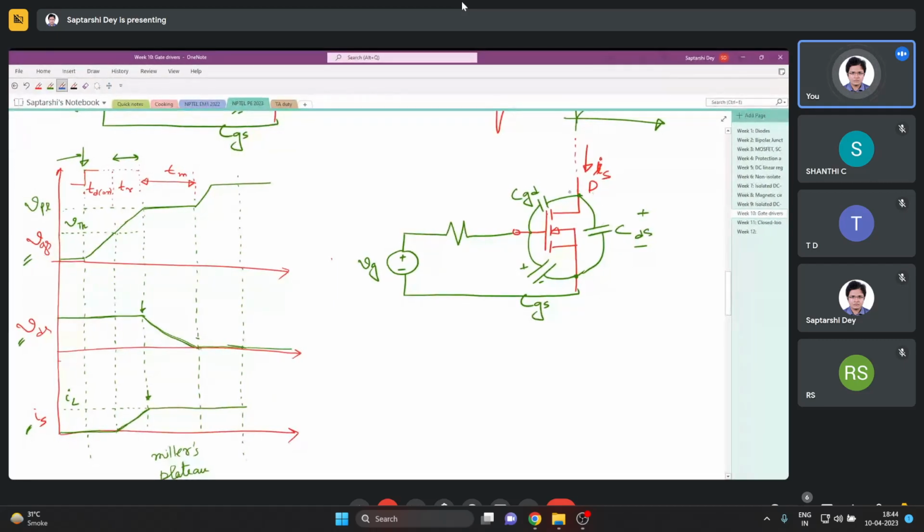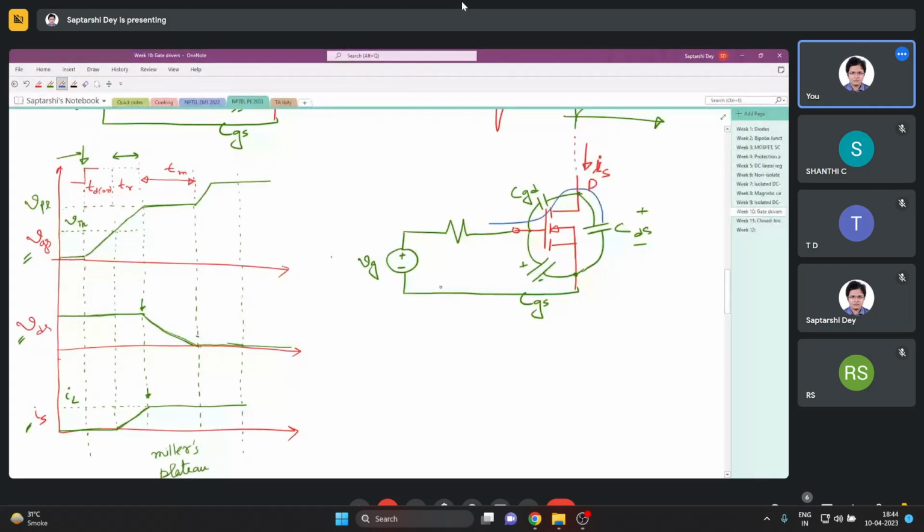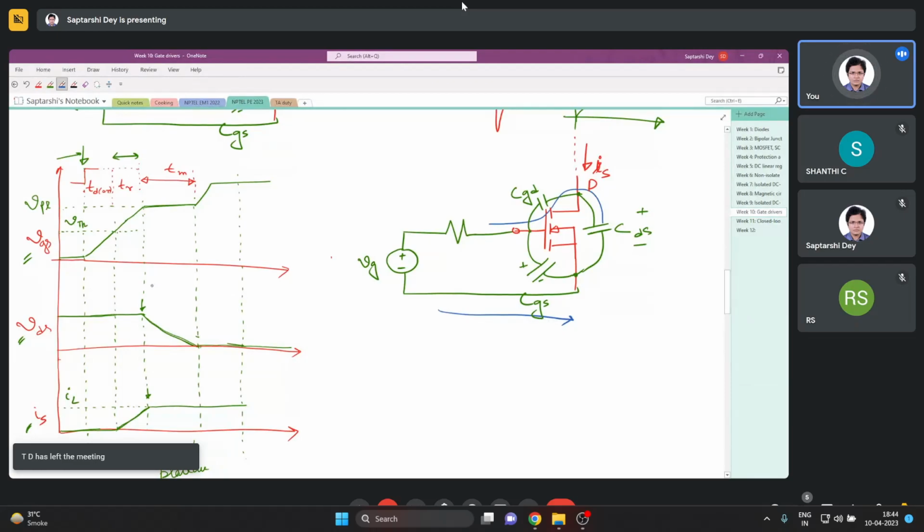It discharges like this, in this fashion. So along this time, the CDS, the drain to source capacitor, discharges, and CDS discharging means the voltage across the switch is dropping to zero.